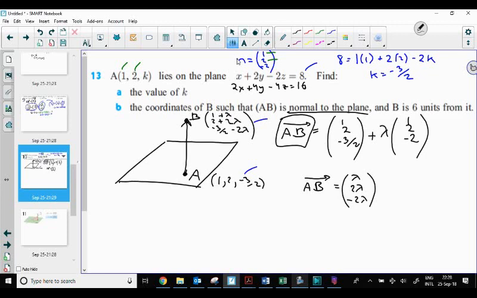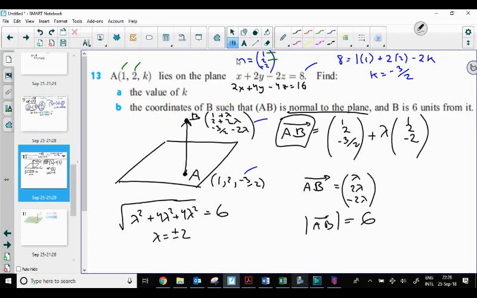Anyway, I want now the magnitude of AB to be equal to 6. So it's going to be the square root of lambda squared plus 4 lambda squared plus 4 lambda squared. Set that equal to 6. We're going to solve for lambda. Lambda is going to end up being equal to plus or minus 2. And that's going to give us 2 different coordinates.